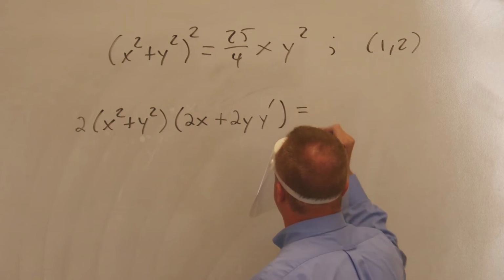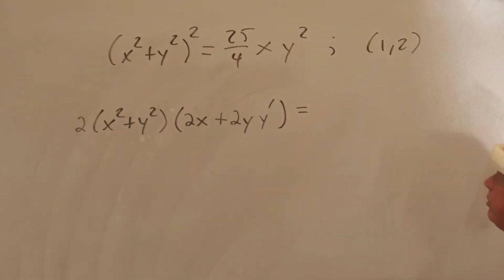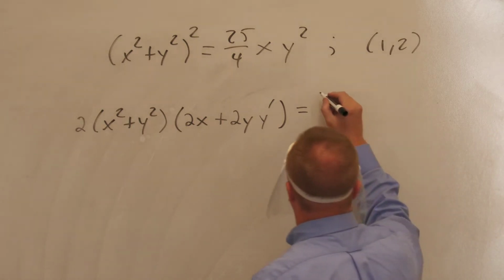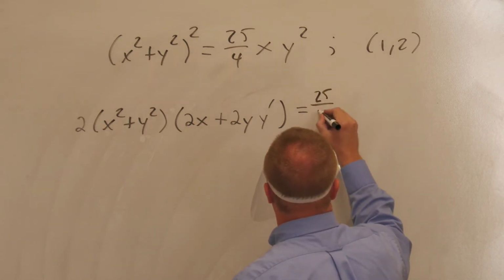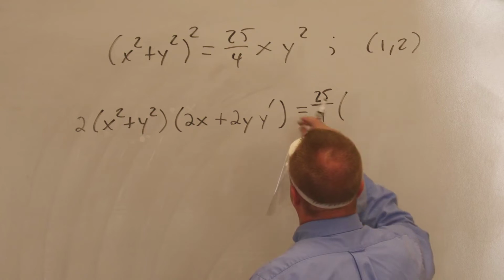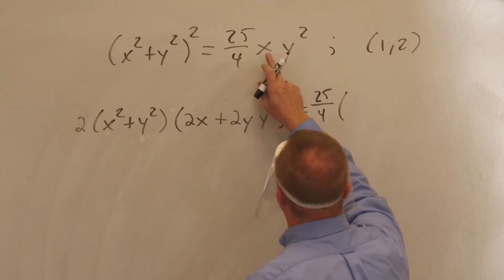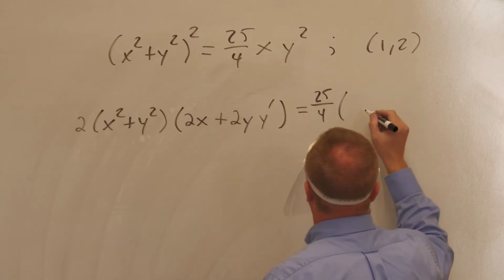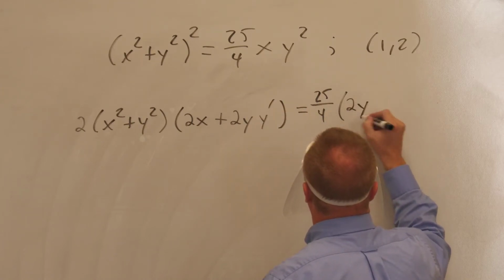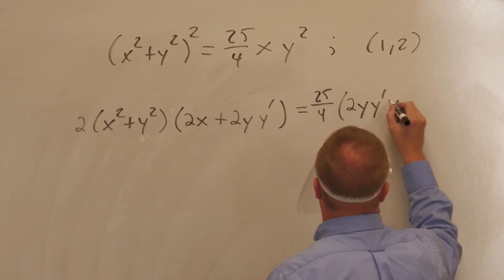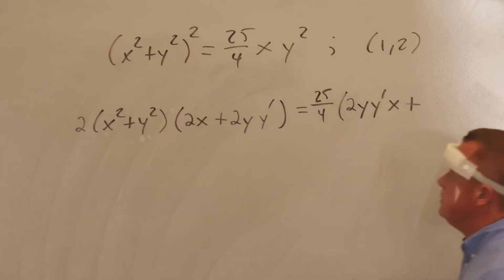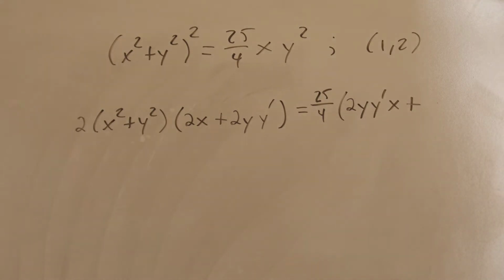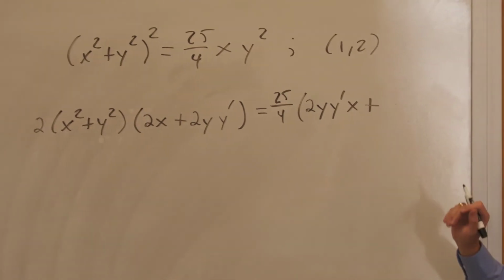Equals. On the right side, I have a product, so I need to do the product rule. This would be 25 over 4 times the first times the derivative of the second, so that would be 2y y prime times x, plus the second times the derivative of the first.